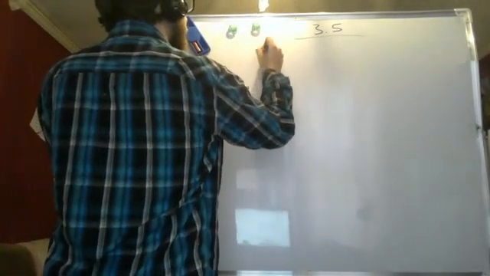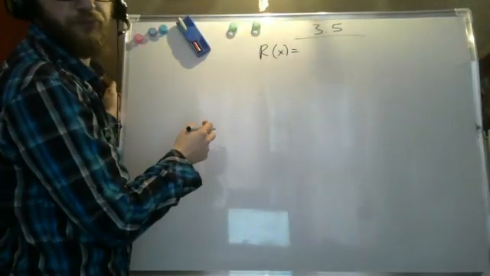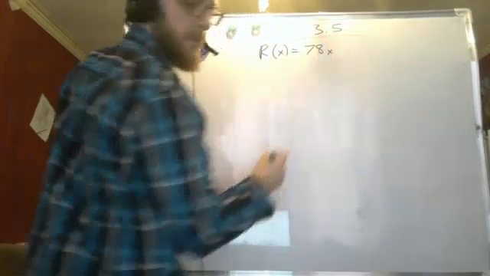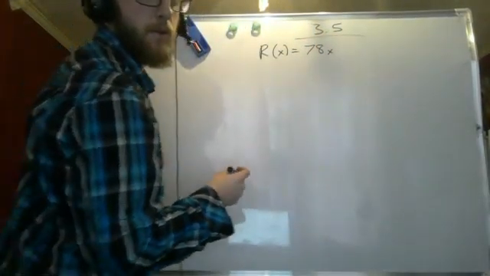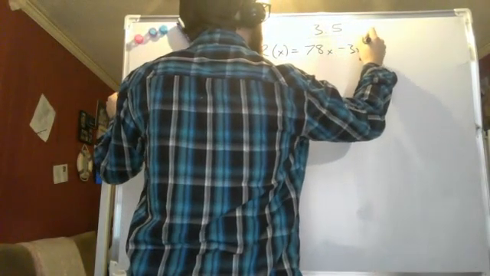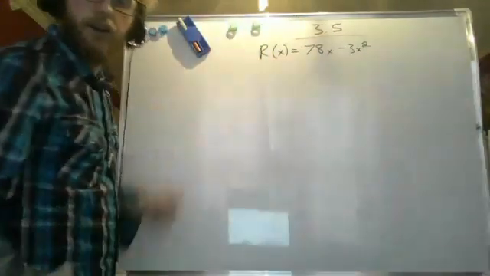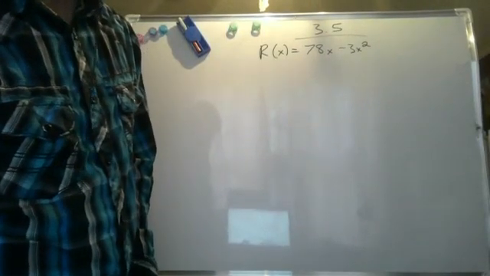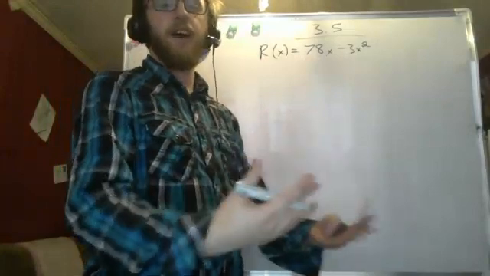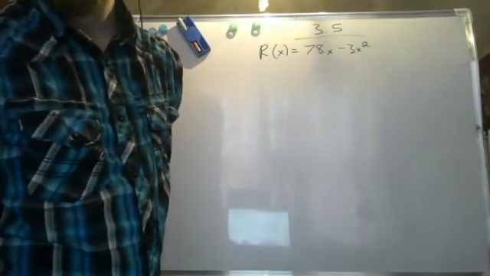So revenue is given as 78x minus 3x squared. And then they also say this is for $1,000, so whatever answer we get, that's in thousands. So that's a good bit of money there.